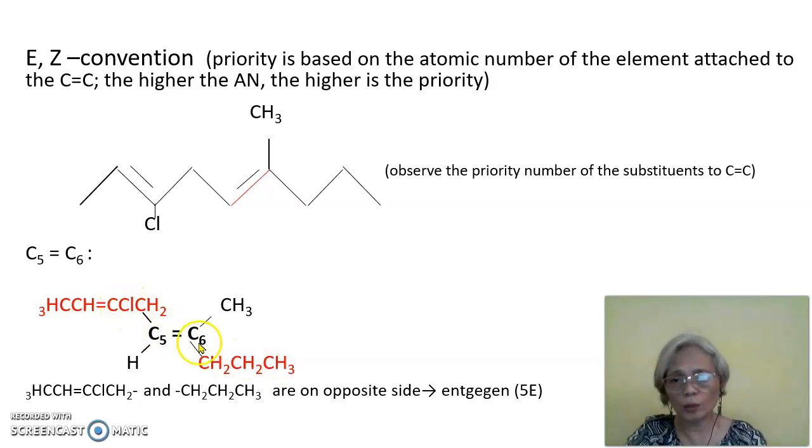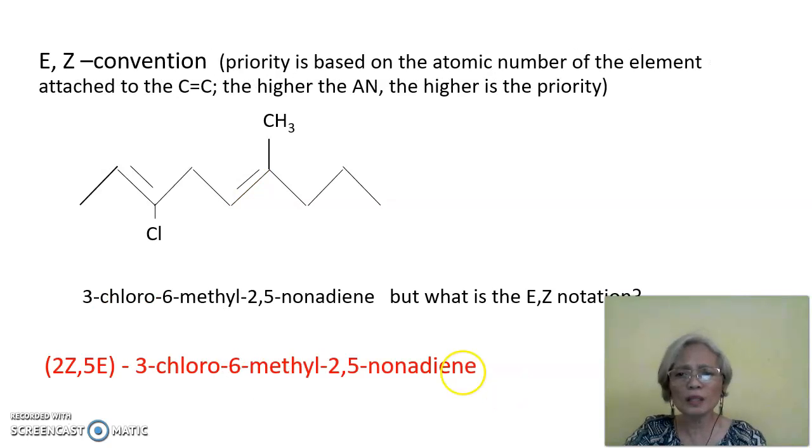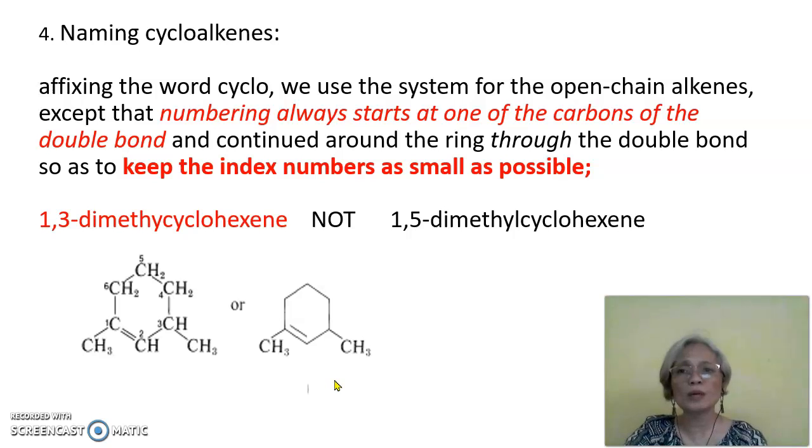The alkenyl group and the propyl are of a higher priority, and they are opposite, so we have E. So we have 5E. And therefore, the name of this compound is (2Z,5E)-3-chloro-6-methyl-2,5-nonadiene. Carbon number 2, the double bond is same side. Carbon number 5, opposite. So we have (2Z,5E)-3-chloro-6-methyl-2,5-nonadiene.